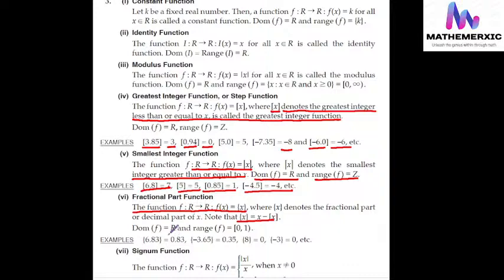The domain of f is R, and the range of f is 0 closed bracket, comma, 1 open bracket.